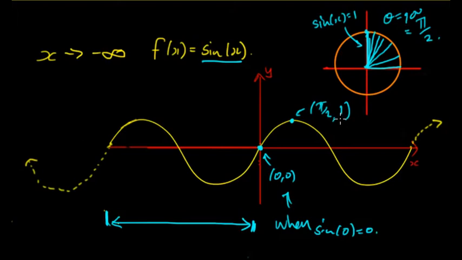This value, 1, is referred to as the magnitude or the amplitude. So the maximum value the sine x graph will ever reach is the magnitude, also referred to as the amplitude, and it is equal to 1.